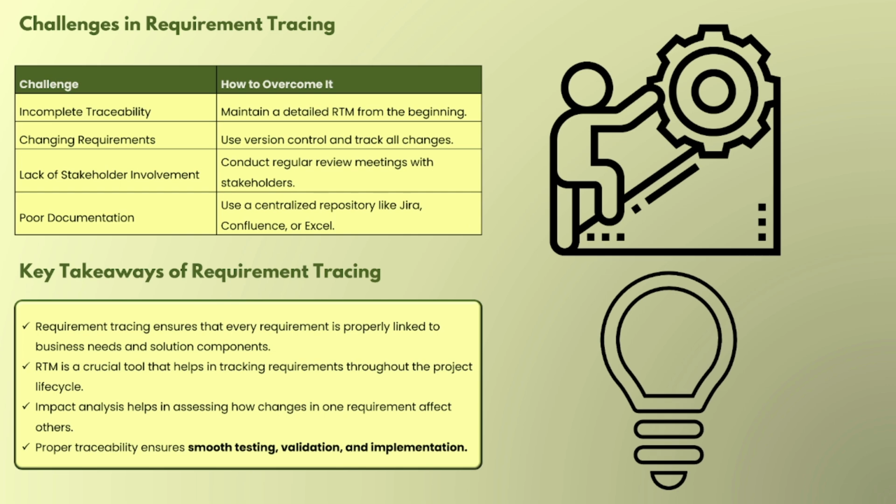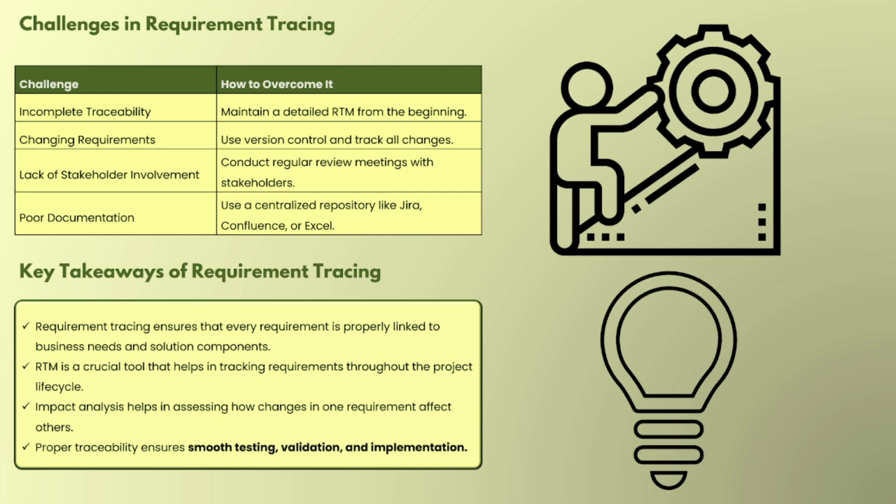Impact analysis helps in assessing how changes in one requirement affect others, which means dependency analysis, as we have seen. And proper traceability ensures smooth testing, validation, and implementation of the feature, system, or software we are developing. So this is all about tracing requirements in requirement lifecycle management.